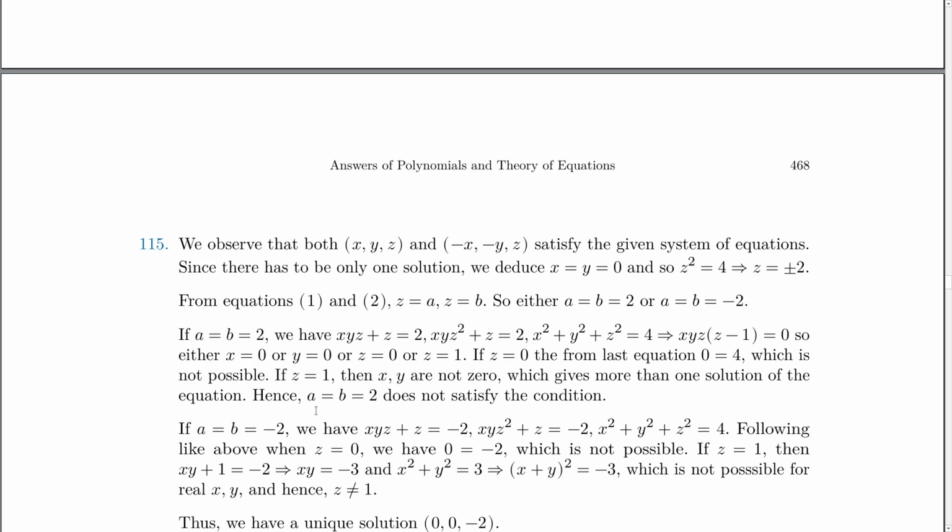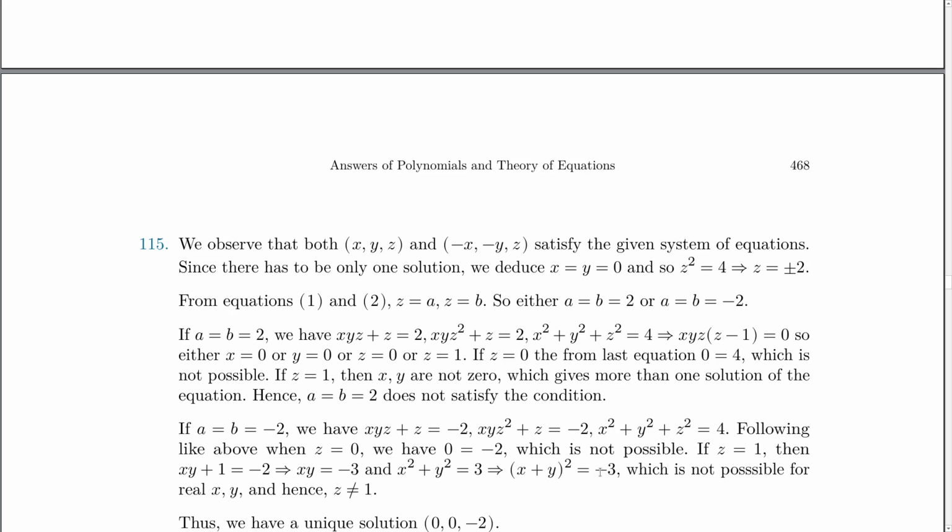Now we take a is equal to b equal to minus 2 and then we substitute, we get this, and following like above, we have z is equal to 0, and we see that z is equal to 0 is not possible, but what is possible is z is equal to 1, and in that case xy plus 1 is equal to minus 2 and xy is equal to minus 3, and x square plus y square is equal to 3, which implies that x plus y whole square is minus 3.